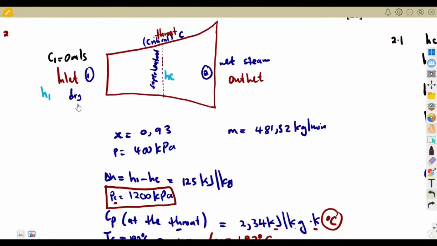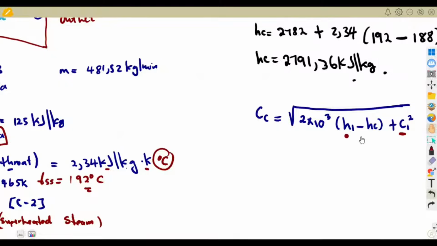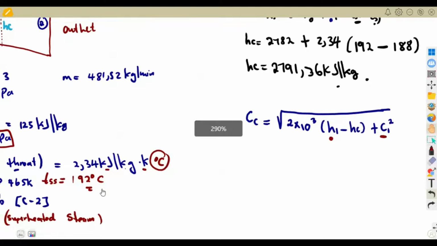This part we do not have. But what we have is the difference between H1 and HC, H1 minus HC, which we talked about before. I want us to get back to this one.